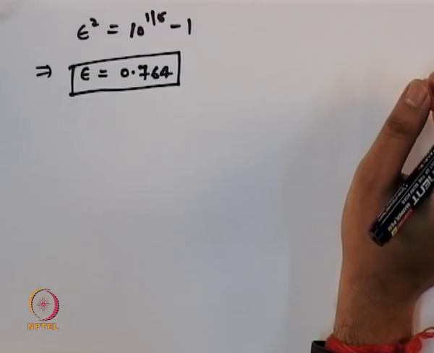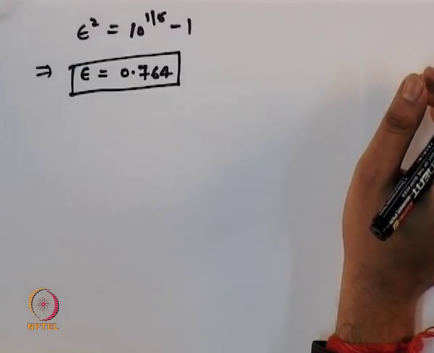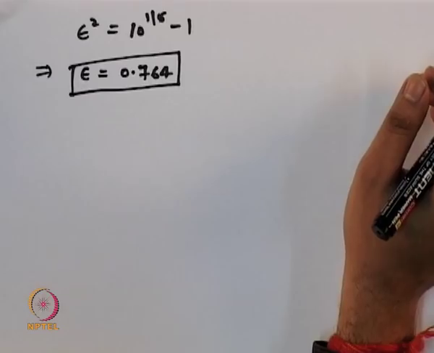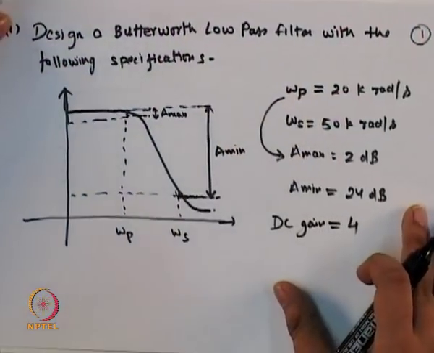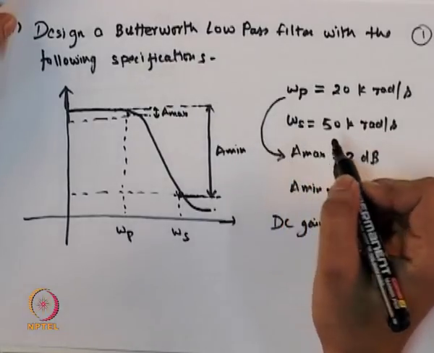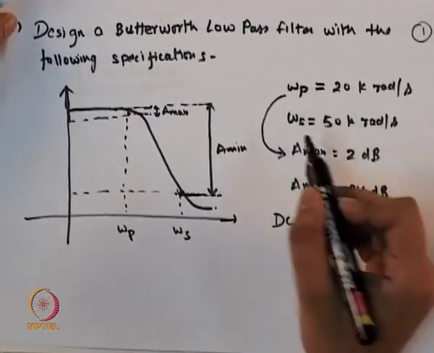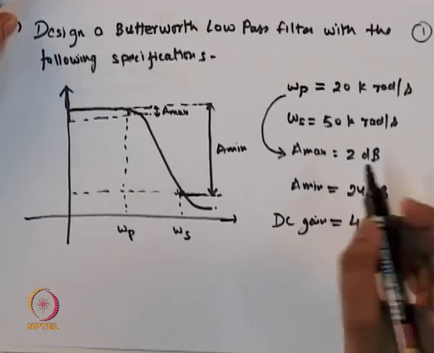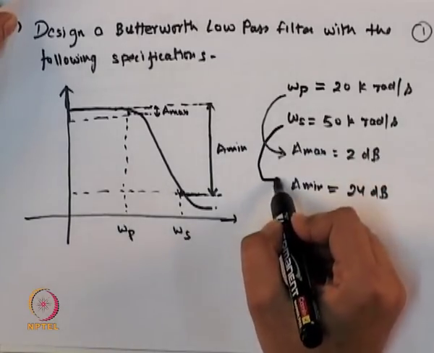So we have found epsilon, so one variable has been found. Now we need to find the order of filter, that is n. Again we have been given a specification that at omega s equal to 50k radian per second, A min, which means the minimum attenuation, should be 24 dB.